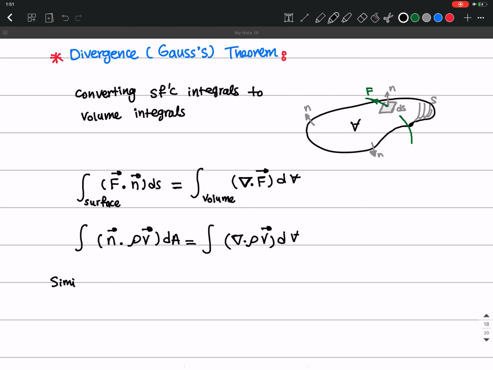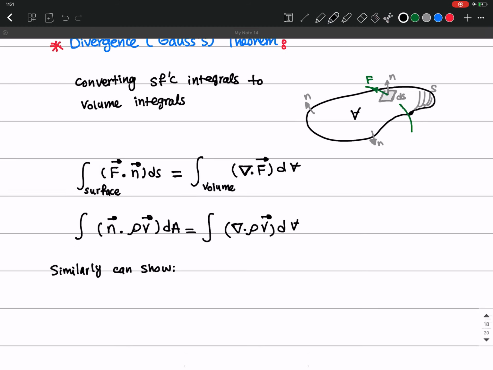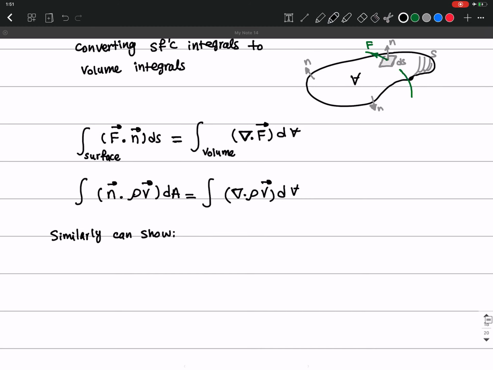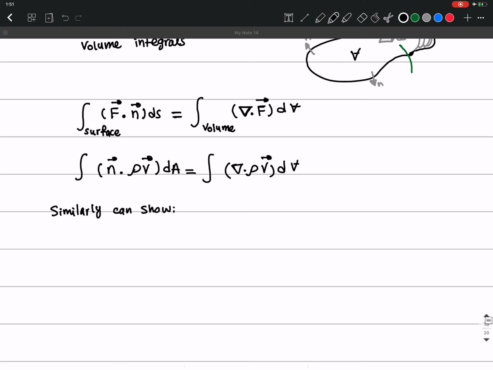Similarly, you can show these equalities that I'm going to use. These are just some mathematical equalities that we are going to use here, and I'm not going to prove them. The integral of n P dA, which is the other thing we had in the momentum equation over the surface, you can write over the volume as grad P dV.